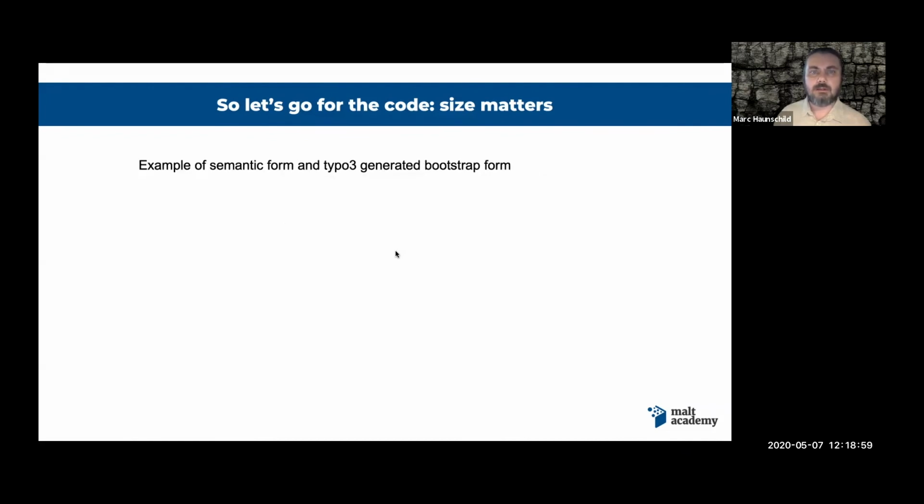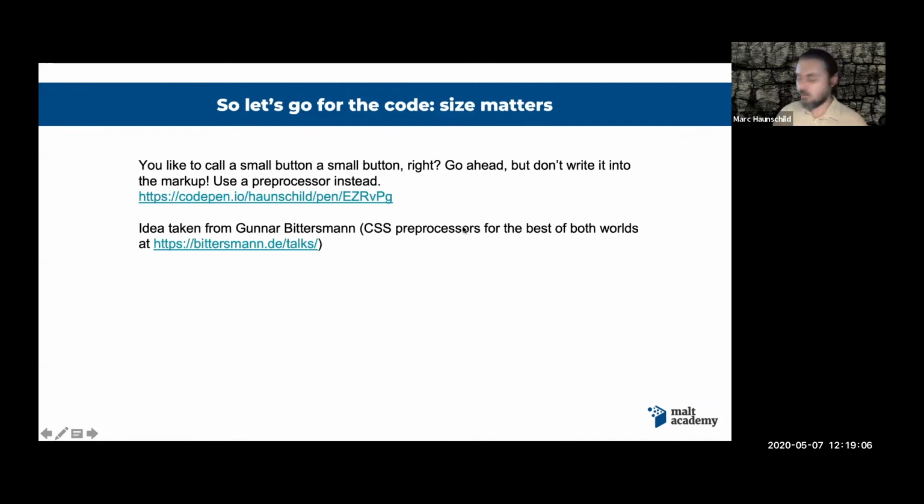I prepared an example of a form generated by Typo3 using Bootstrap, and I just want to say that the page was 6 times the size of what I was providing. And 6 times means not just the code, the elements, but this is including everything, even the content.